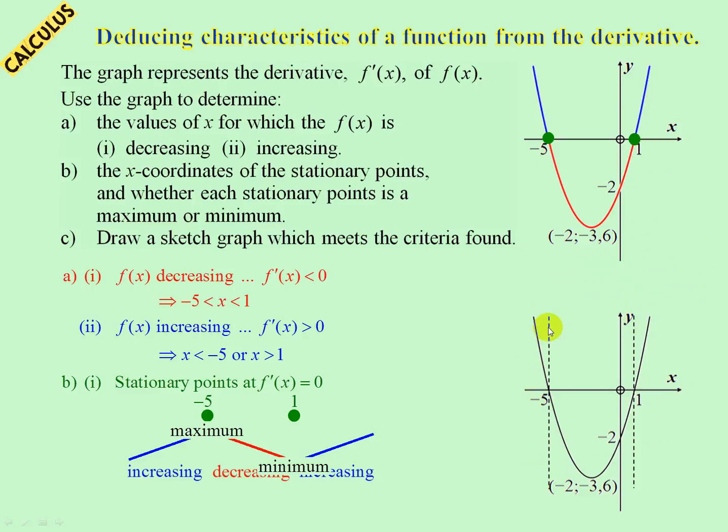So as long as the stationary point sits on that line and on that line, and as long as the maximum sits here and the minimum sits here, we can draw whatever graph we like. There we are, maximum, minimum on those lines. We could draw that instead, that's fine. Any one of those is acceptable. Once again, the graph of the derivative tells you nothing about where the original is placed.